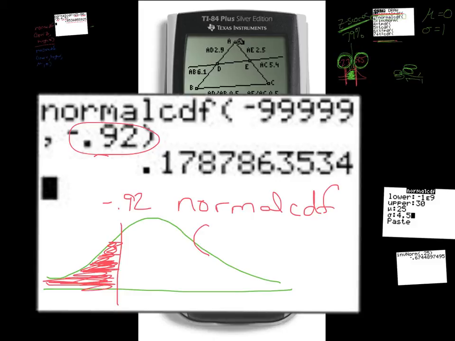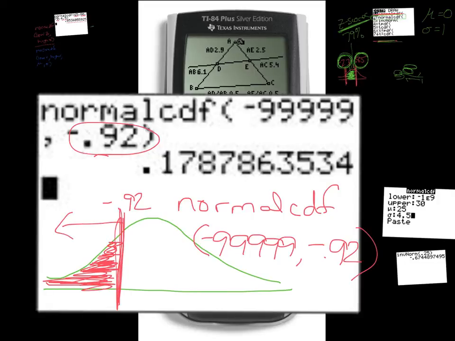So the calculator image right here has negative 99999. Perfectly fine. That's 99,999 z-scores. Or the z-score of that, I should say. That's humongous. That's way down there, and that's perfectly fine. Just has to be a humongously large negative number. Comma, negative 0.92, which was in fact my high value right here, because I wanted everything this way. And that's it.